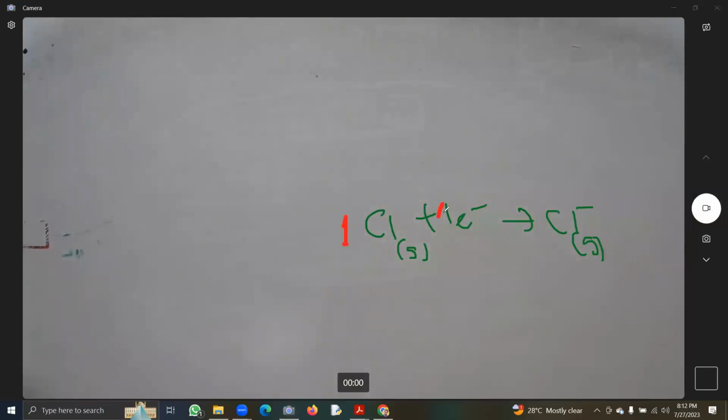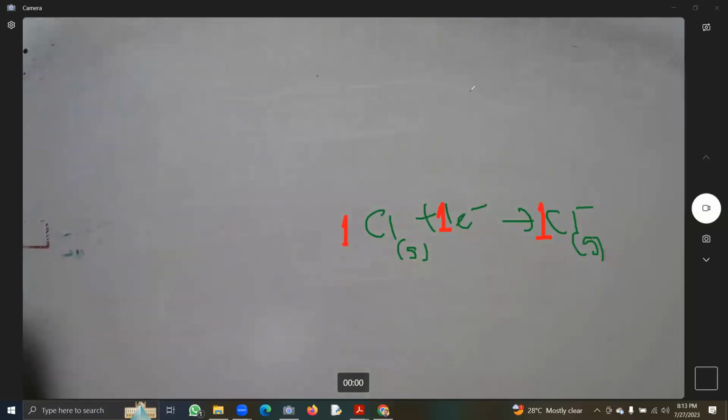You can say enthalpy change when 1 mole of gaseous atoms gain 1 mole of electrons forming 1 mole of gaseous negative ions. Negative 1 ions, gaseous -1 ion.